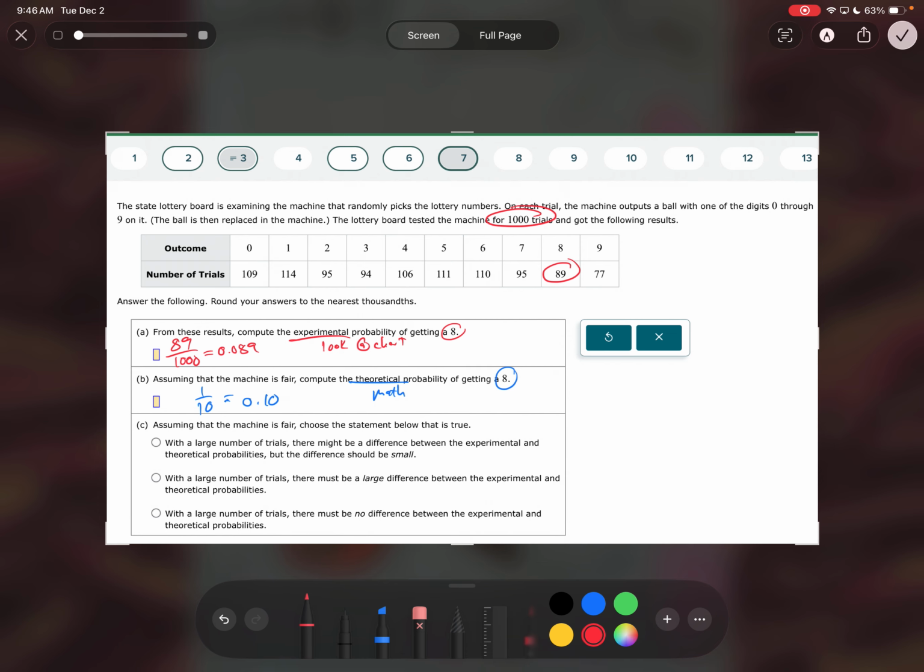So those are pretty close together. So with a large number of trials, the difference will be small. What that is saying is, the more and more you do it, the closer and closer those numbers will get. And with 1,000 trials, that is a large number. So you will get pretty close. Those numbers should be pretty close together.